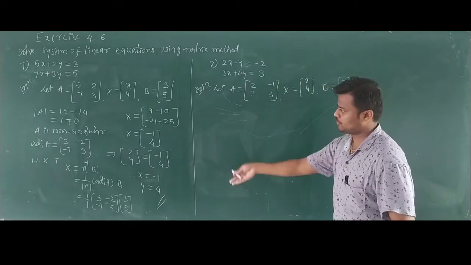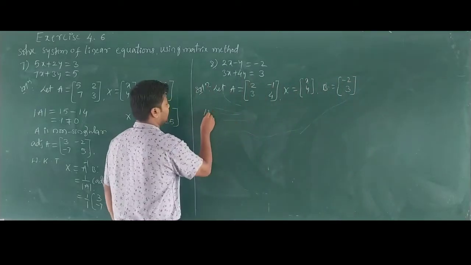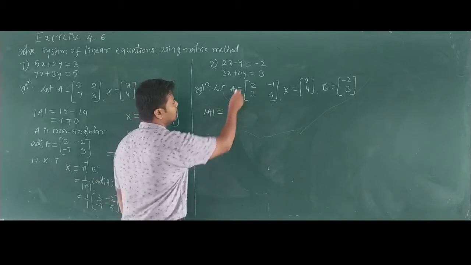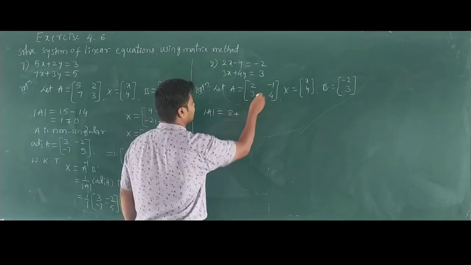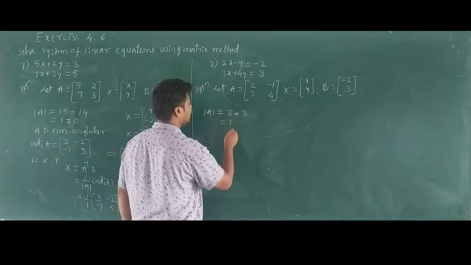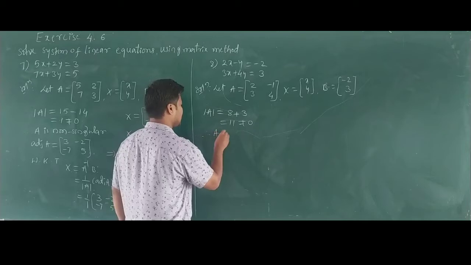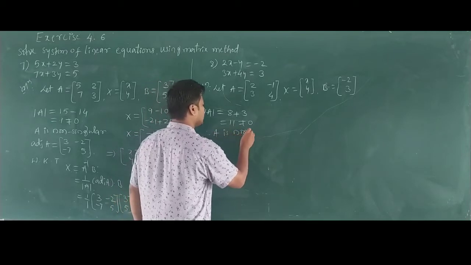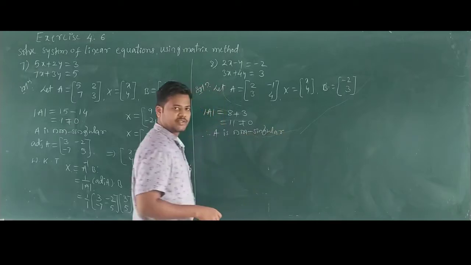Okay, same procedure. First, determinant of A. This is 8 minus of minus, plus 3, which is 11, not equal to 0. So A is non-singular, otherwise A inverse exists.